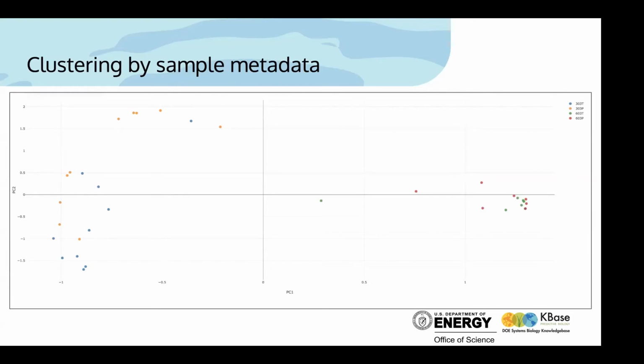Similarly, we can do clustering analysis by the sample metadata. So you can do, right now, NMDS as well as PCA ordinations to see where these samples are clustering, how similar these communities are to each other. You'll notice here that we have two different clumps. We have the orange and blue over here and the red and green over here.